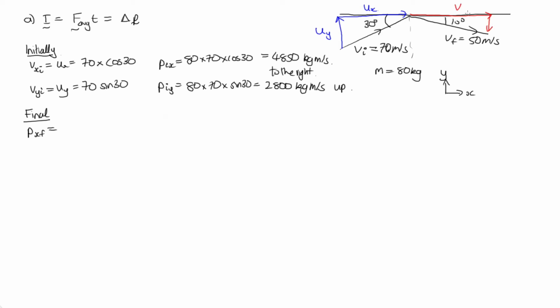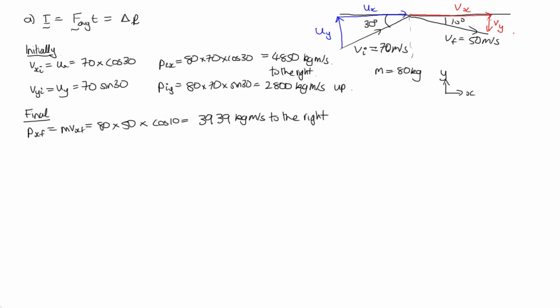So here we've got vx, here we've got vy, and so px final will be m times vx final, which will be 80 kilograms times the x component. Now this is adjacent to the 10 degrees, so this will be times 50 times cos 10. And solving that, we get 3,939 kilogram meters per second, and that is still traveling towards the right.